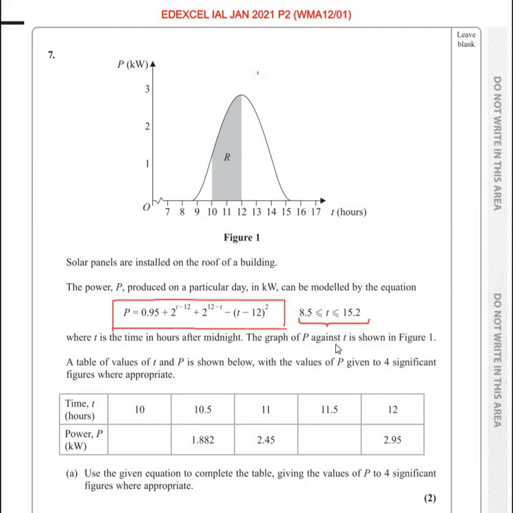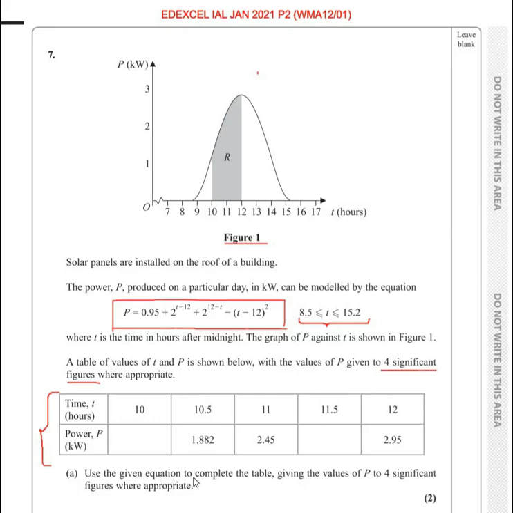The graph of P against T, that means the graph of power against time, is as shown in figure 1. A table of values of T and P is shown below, with the values of P given to 4 significant figures where appropriate.